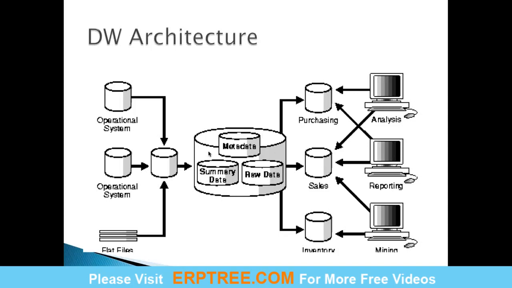Repository means it stores some metadata also. So we are moving this raw data into this repository, where we can maintain whatever data we got from the input side as raw data, or we can summarize the data, or we can modify the existing raw data somehow, or everything we are storing here.